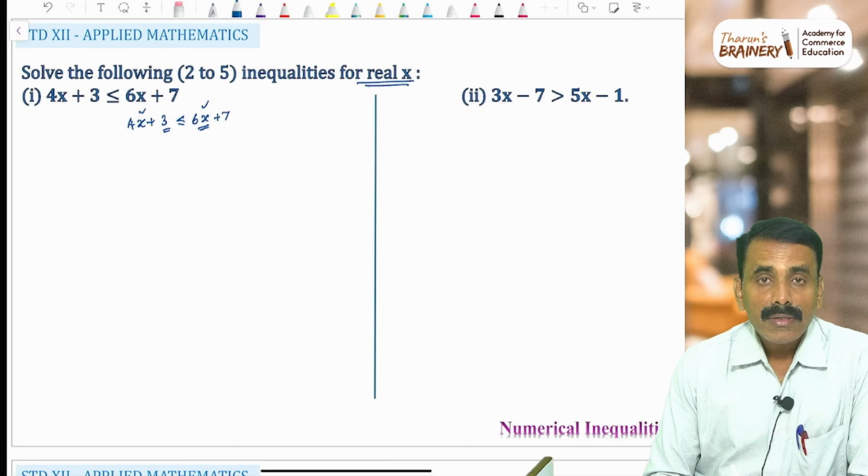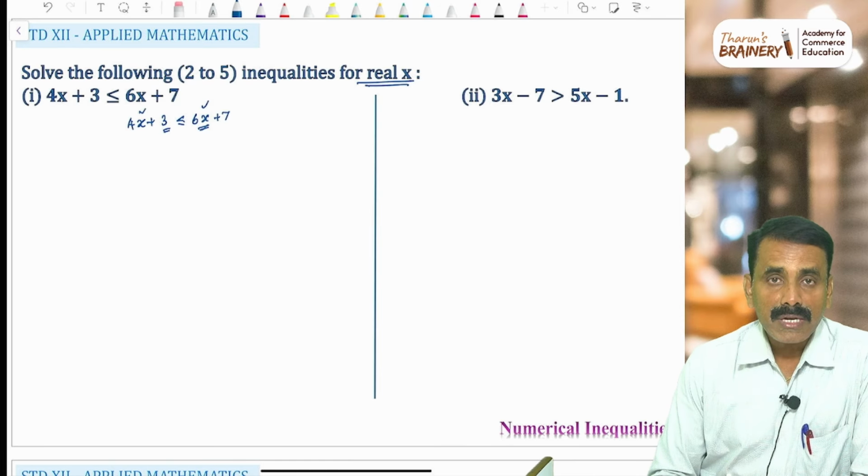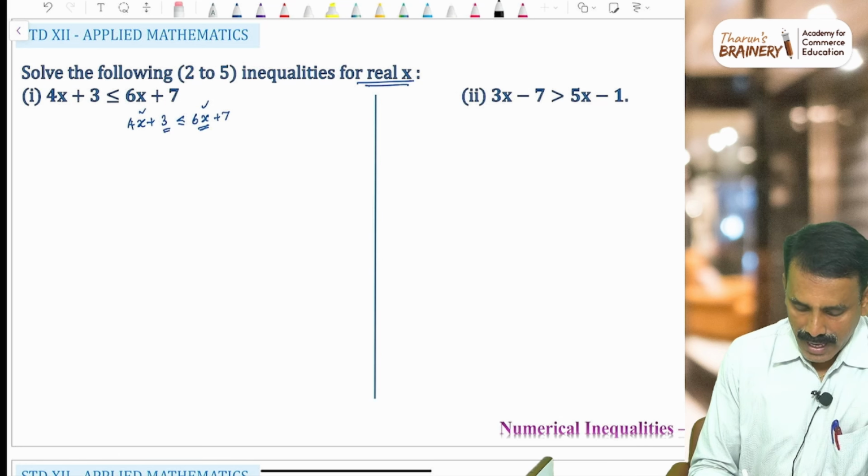Now, let us take the left hand side. What is the constant which is present? It is plus 3, which is in addition with 4x. So, what should I do now? I must add the additive inverse of plus 3 on both sides.